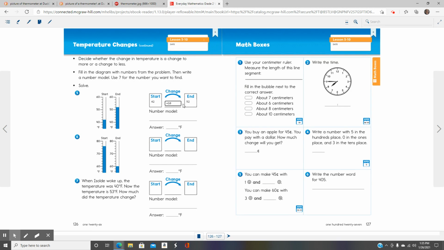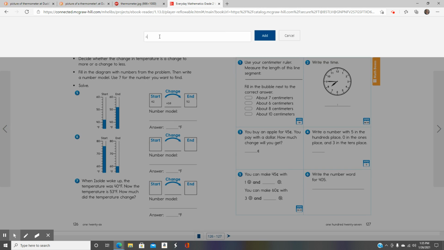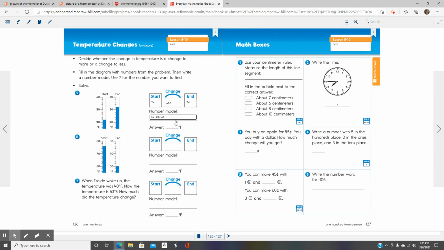And there's your number model right there, all displayed for you. So our number model would be 42 plus 10 equals 52. Great. And of course, our answer is 52.